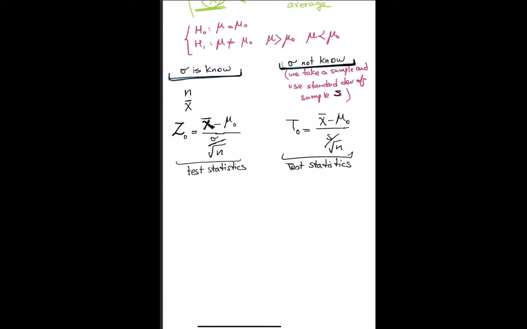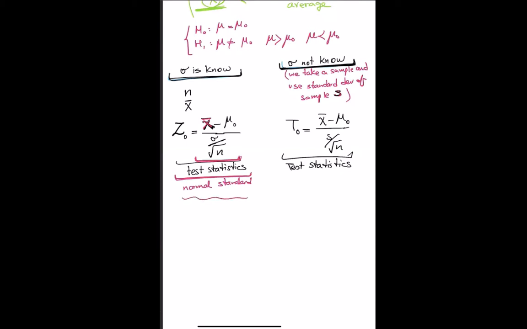So this whole thing that I calculate here is a random number on its own as well, because X bar changes every time I take another sample. So then these test statistics that I put together has a distribution that we call standard normal. And that's why we use Z table and all of that. So that's the standard normal distribution.